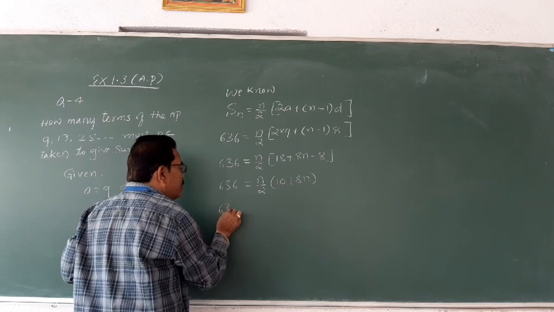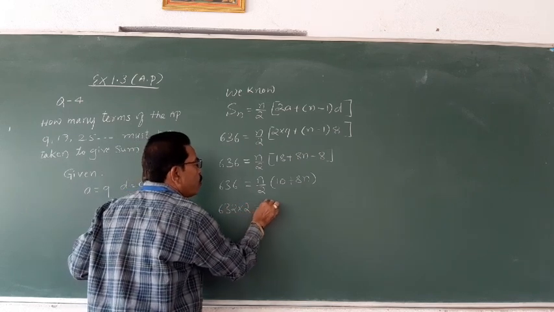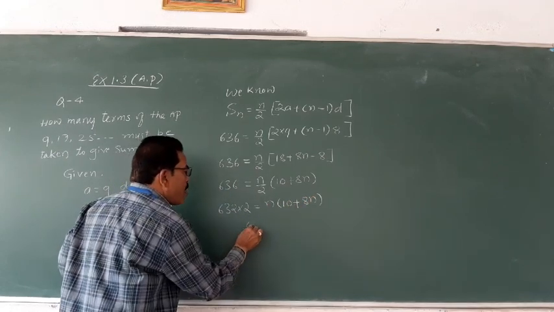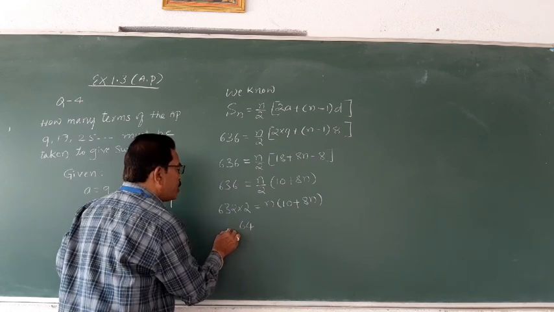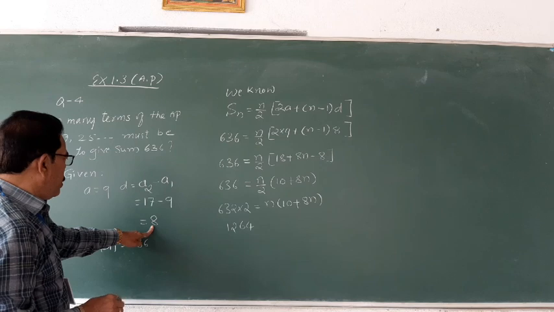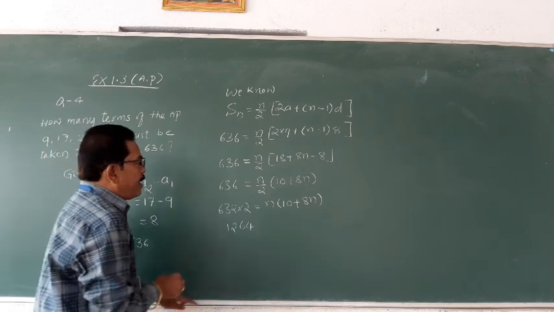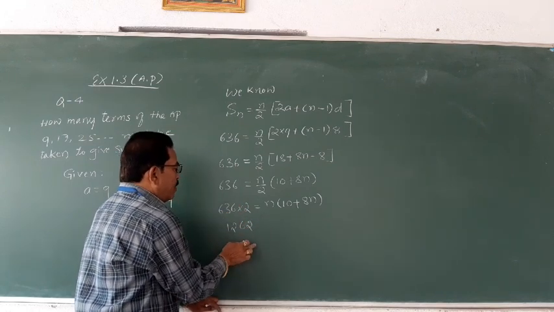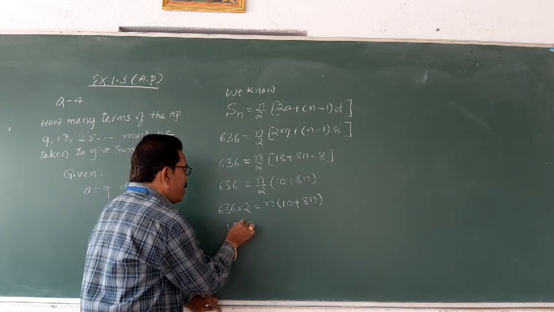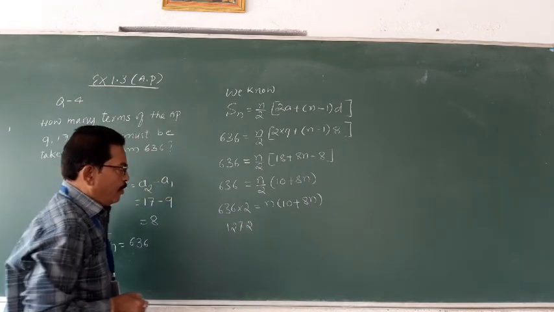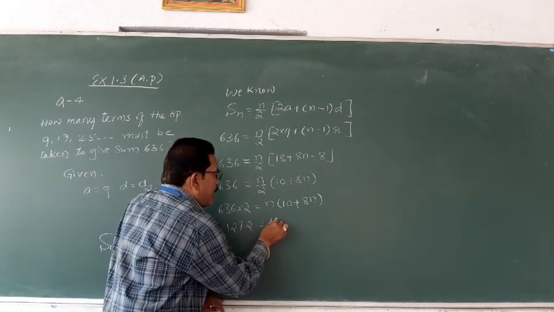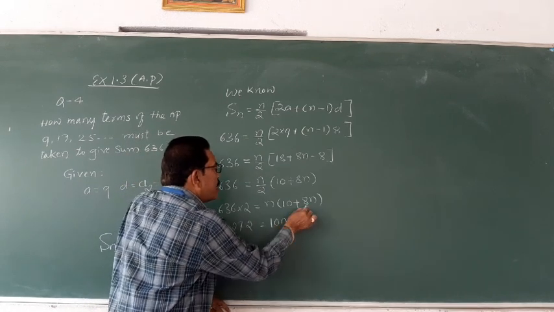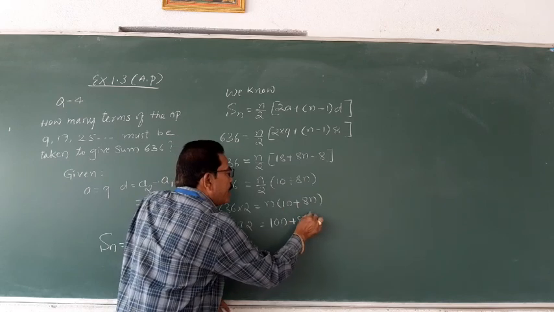Cross multiply: 636 into 2 equals n in the bracket 10 plus 8n. 636 into 2 is 1272. That equals 10 into n, 10n, plus 8n into n, 8n square.